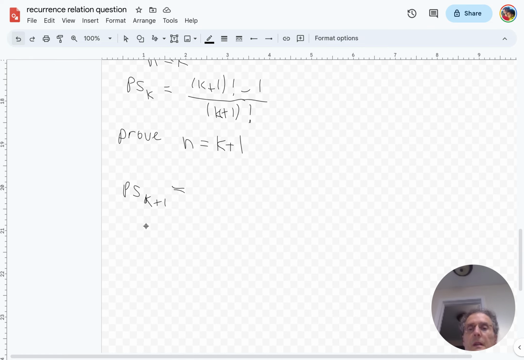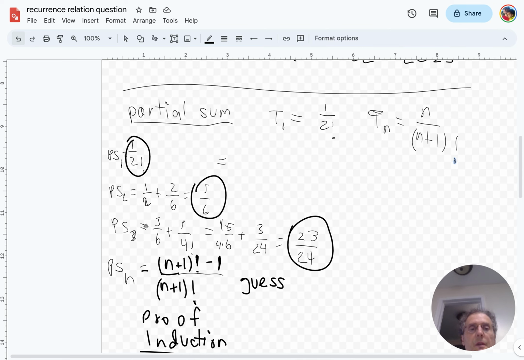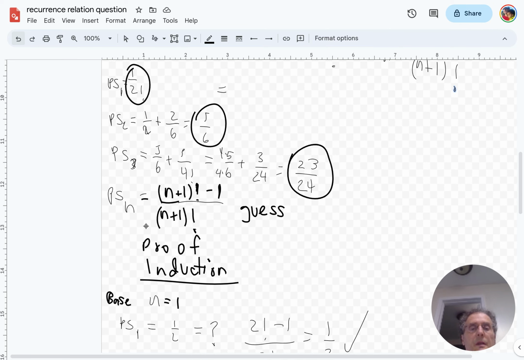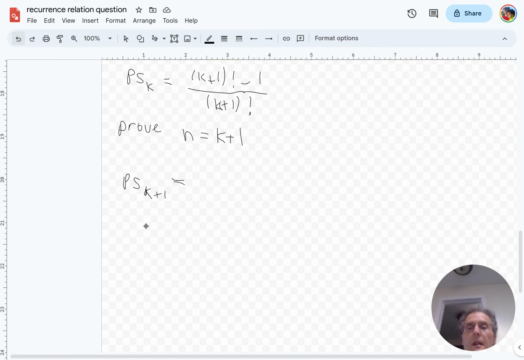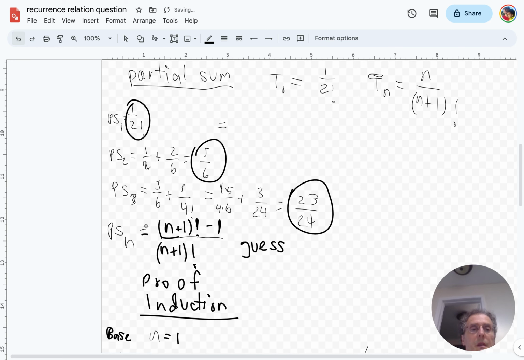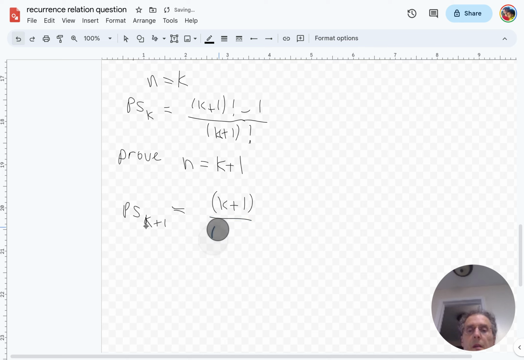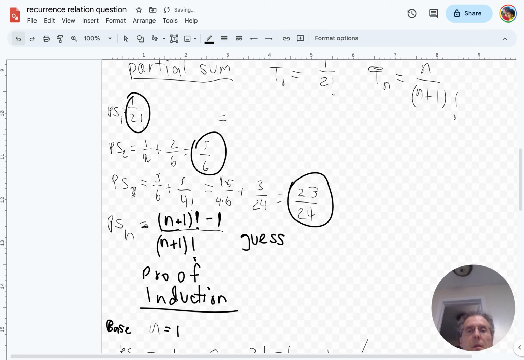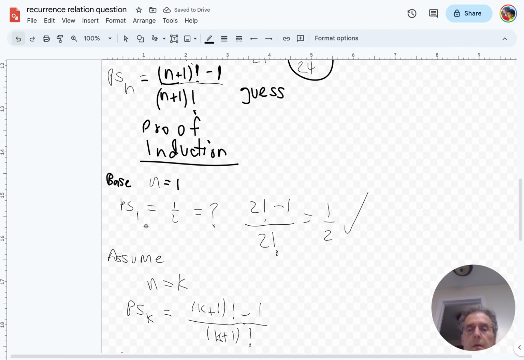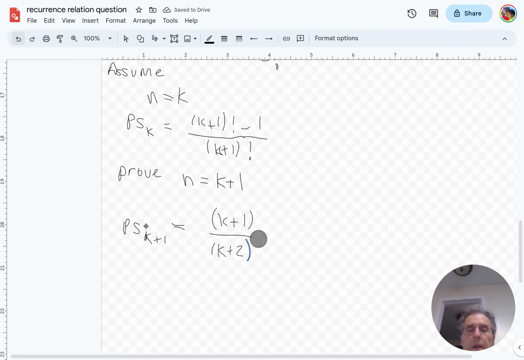So the next term, if we look at our terms here, is going to be n, so we put k plus 1 over k plus 1 plus 1, so that's plus 2 factorial, right?